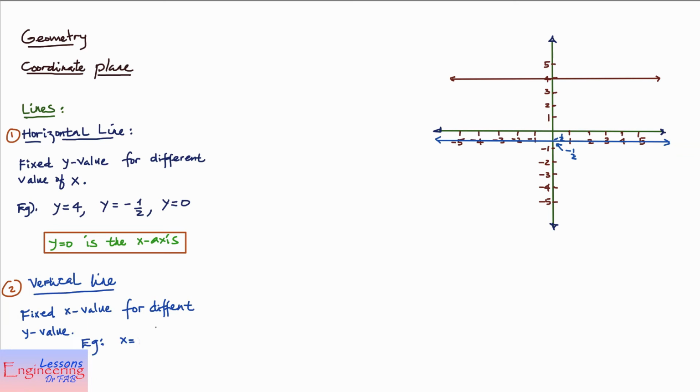We fix x as opposed to fixing y, as we saw in the horizontal line case. Examples: x equals 3, x equals -3/2, x equals 0. Let's see these three cases.